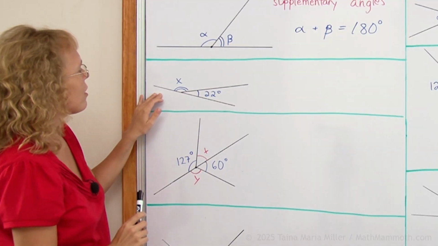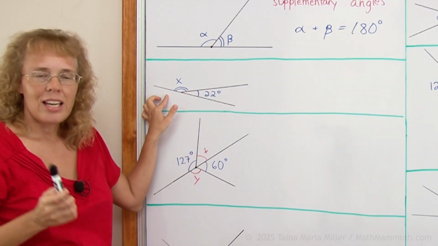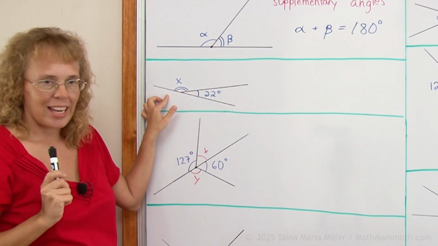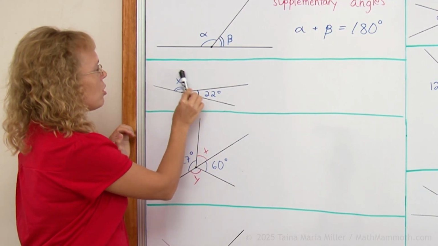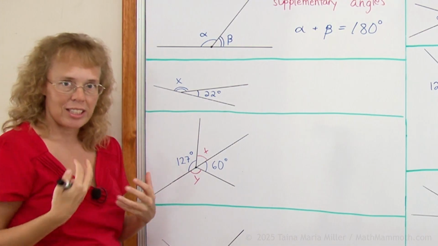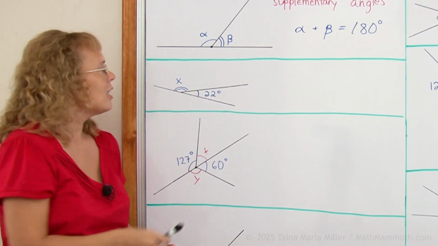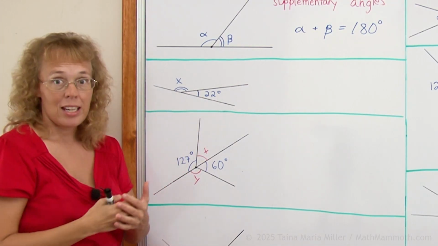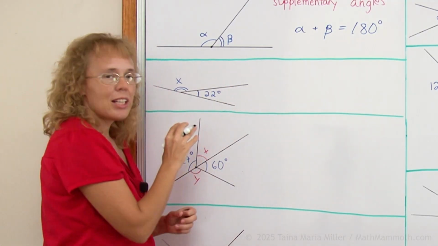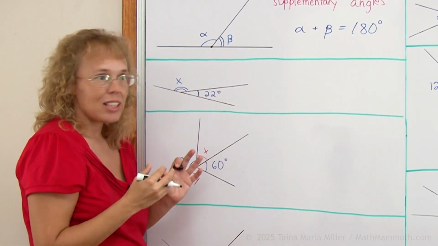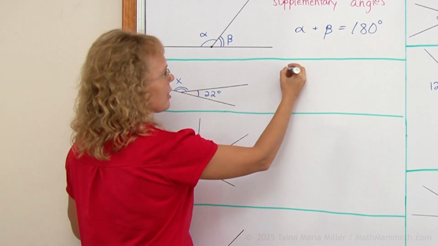So for example here, what would be the angle measure of angle x here? We have here one line, so therefore this total angle here must be the straight angle, 180 degrees. So x and 22 add to 180 degrees. We can write an equation. Even if you can solve this mentally without writing an equation, let's practice that.